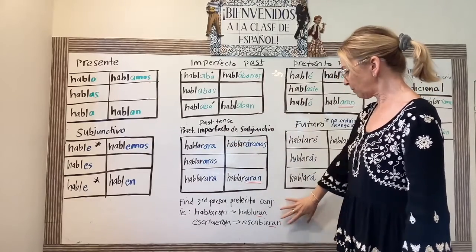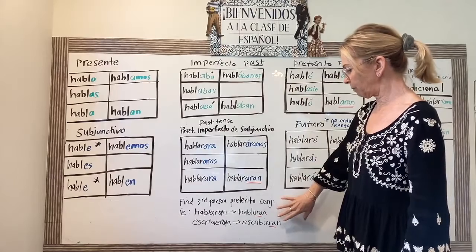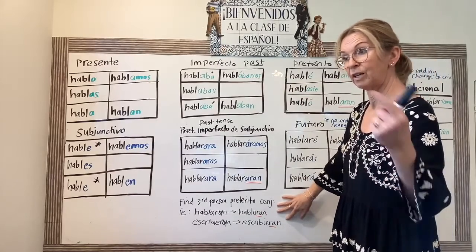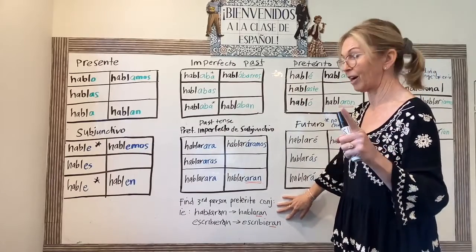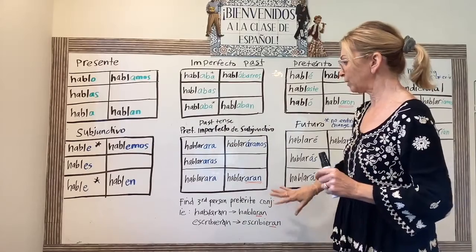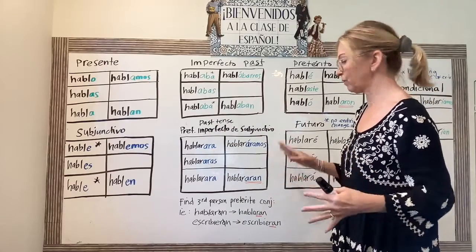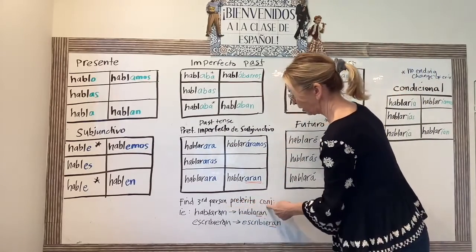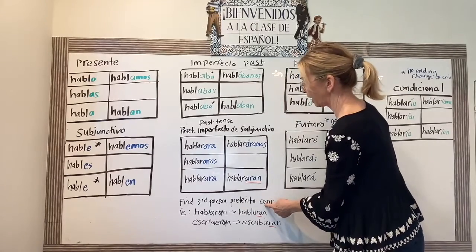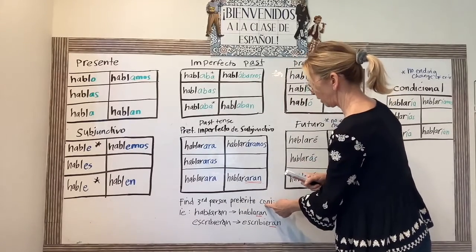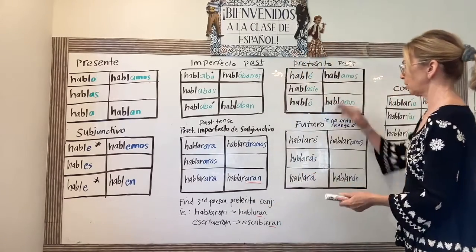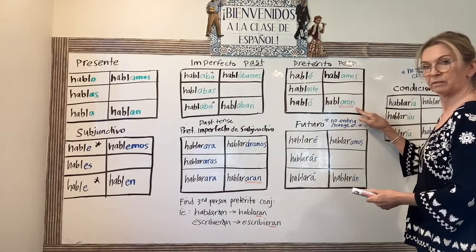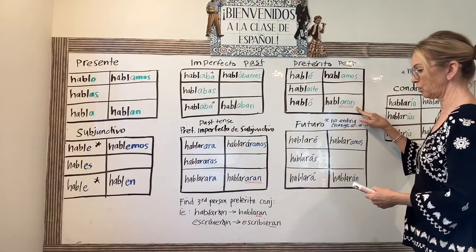So I wrote something down here because the next thing I'm going to do is work on the ER and IR verbs. But I will tell you that the rule that we use for the imperfect subjunctive is to find the third person preterite conjugation. So here's your preterite, you find this one, third person preterite conjugation.